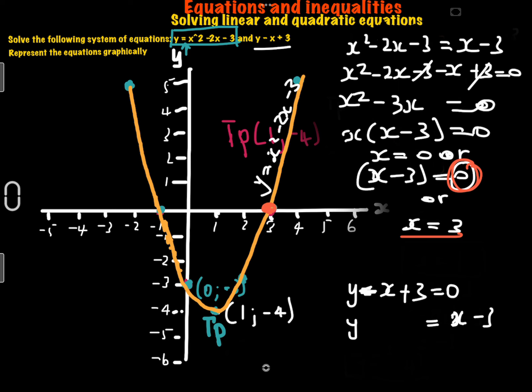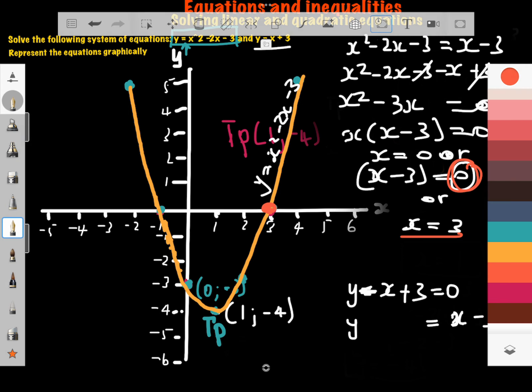Okay. So lastly, we can use the linear equation to find the other intercept along the y-axis.